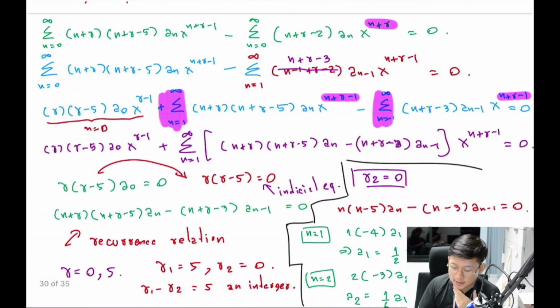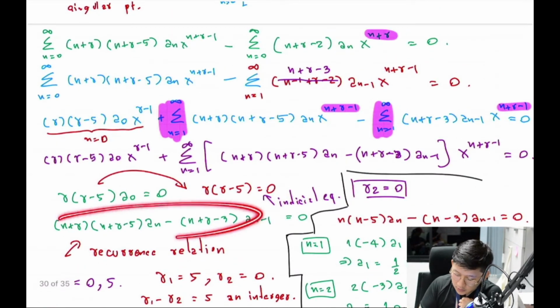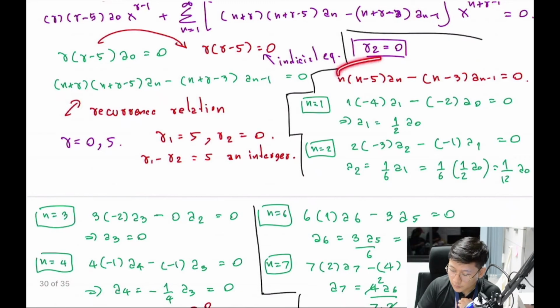And then we get the indicial equation and recurrence relation. After that we solve for r1 and r2, and in this case they differ by an integer. So if they differ by an integer, it means that you need to use the smaller one, which is 0. So I take r2 equals 0, and then I substitute r equals 0 into the recurrence relation.